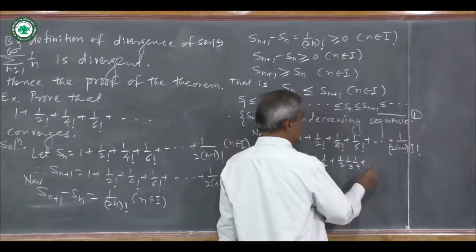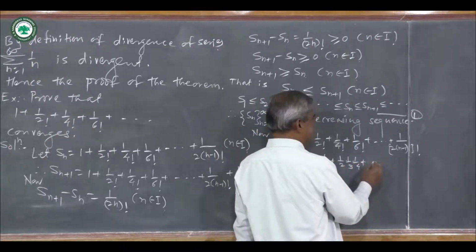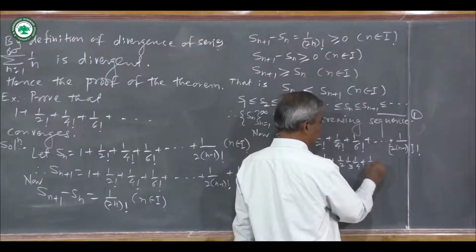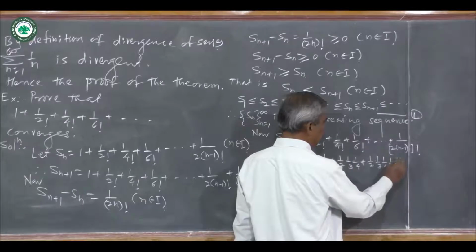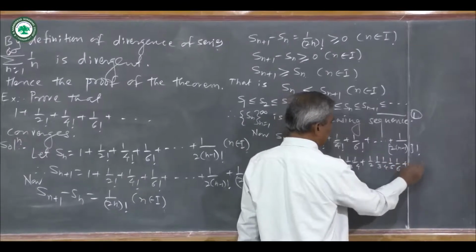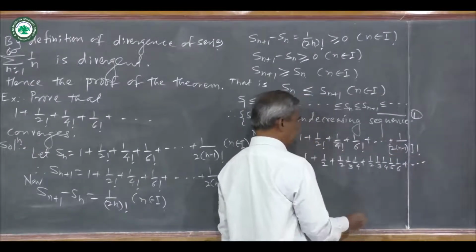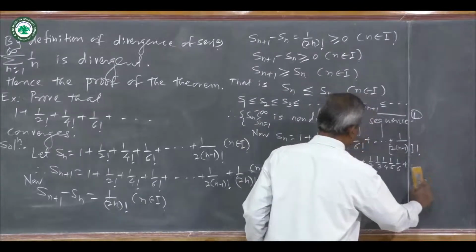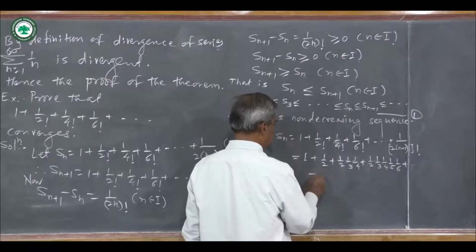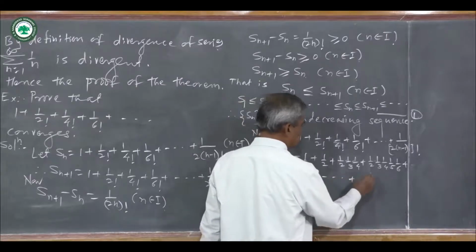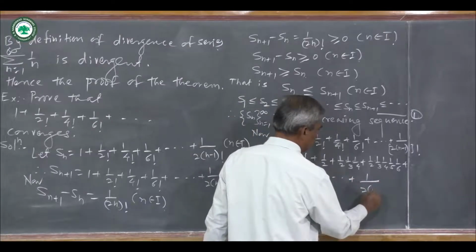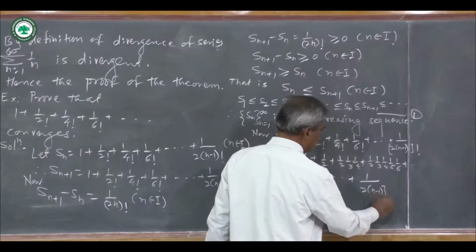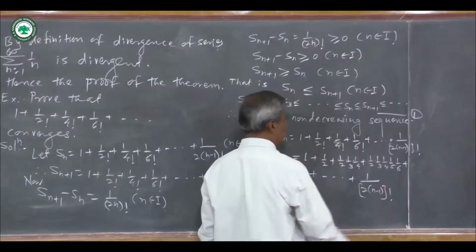Next term, 1 upon 1 into 1 half into 1 by 3, 1 by 4, 1 by 5, 1 by 6, and so on. The last term is 1 upon 2 into (n minus 1) factorial.